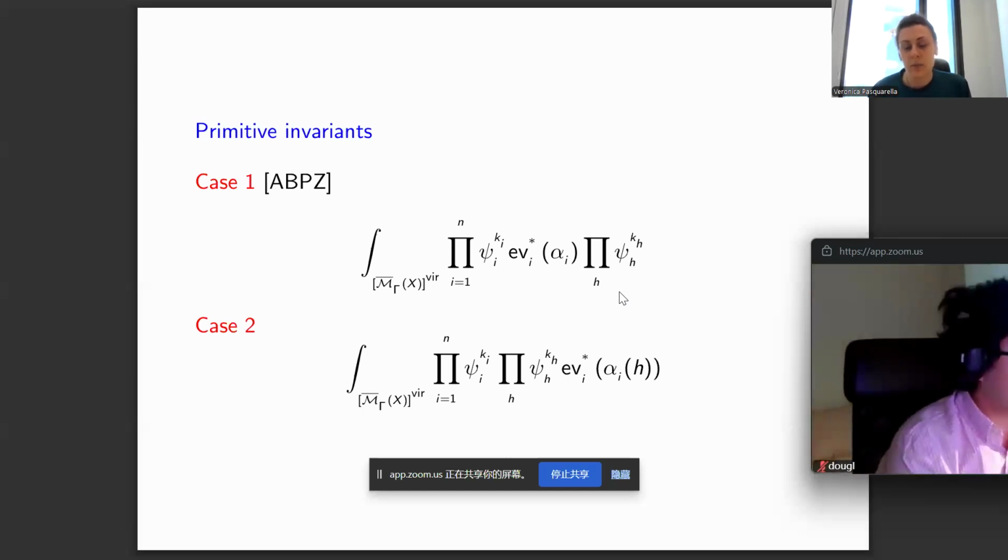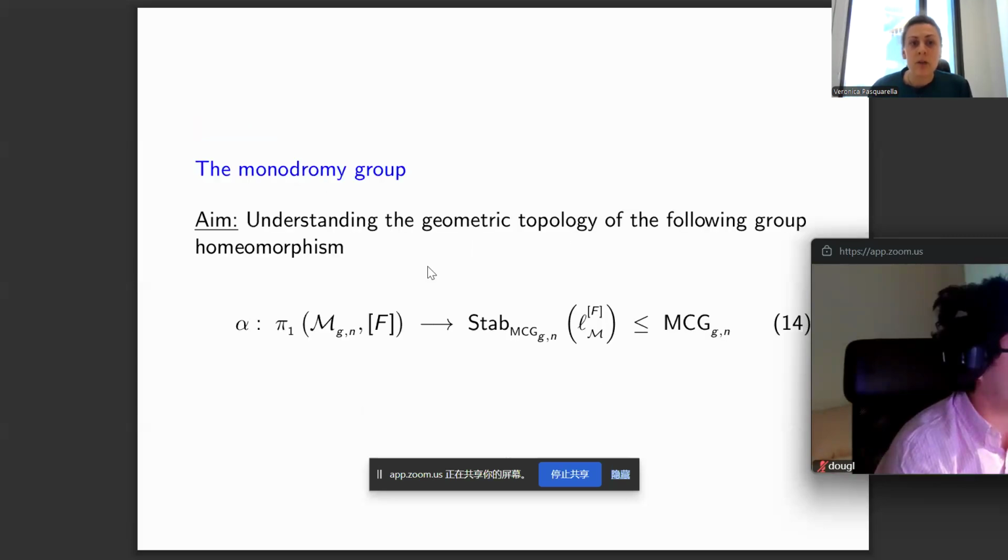I analyzed this from the geometric topology point of view, adding this dependence of the cohomology insertions on the symplectic structure. Essentially, I brought down the analysis of calculating the Gromov-Witten invariants to the analysis of a group homomorphism from the fundamental group of the moduli space to the stabilizer of the mapping class group itself. So this is my analysis, and this is what my whole paper deals with.